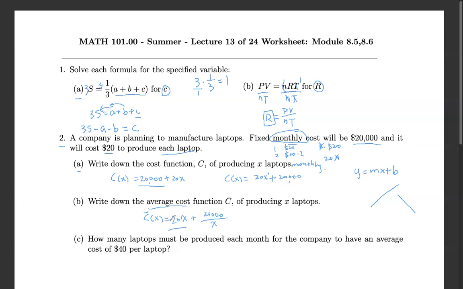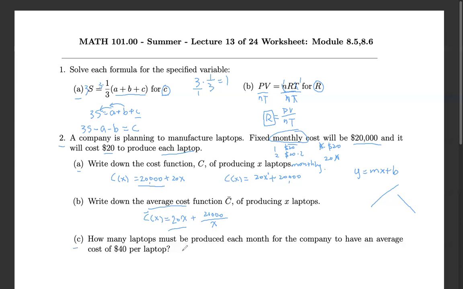So we see we have a polynomial function, polynomial degree 1 or linear part, and then we have a rational part. So this is called an average cost function, which means the fixed amount of cost, $20,000, is being averaged into each laptop.